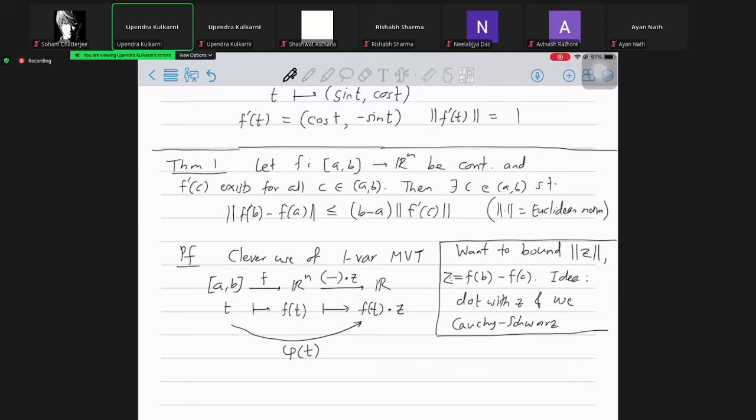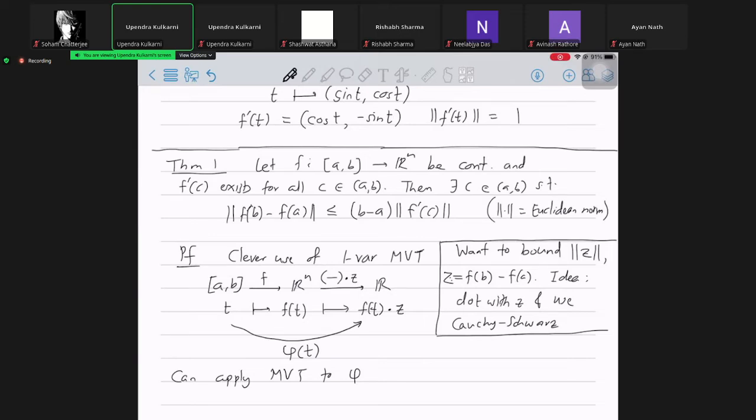Can I apply the mean value theorem to this function phi? Well, in order to do that, this function has to be continuous on the closed interval and it has to be differentiable on the open interval.